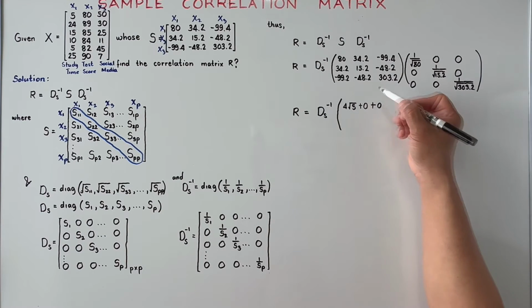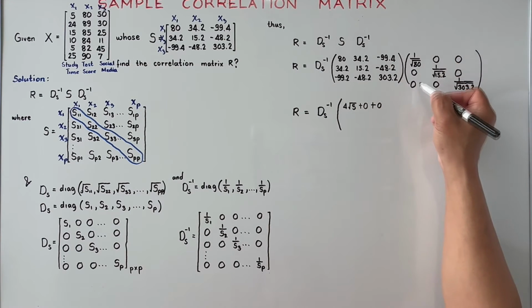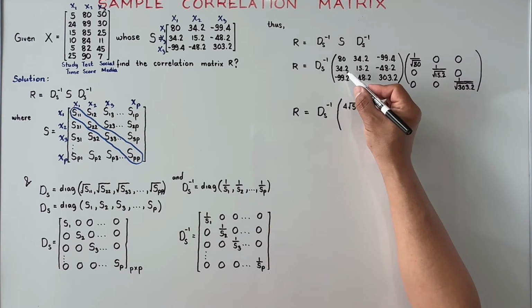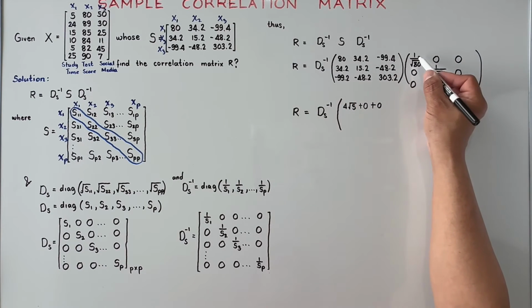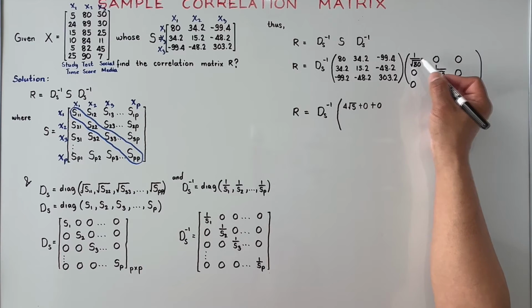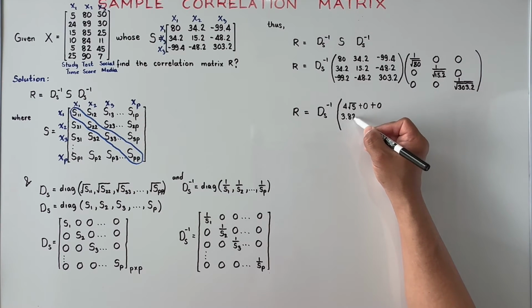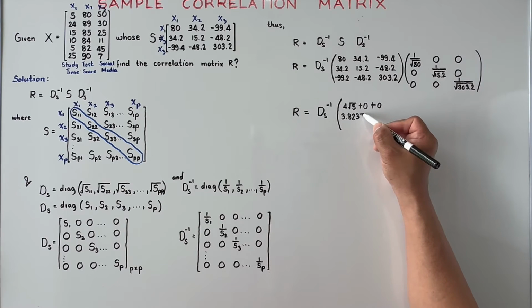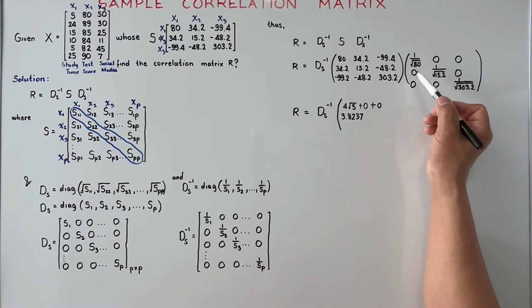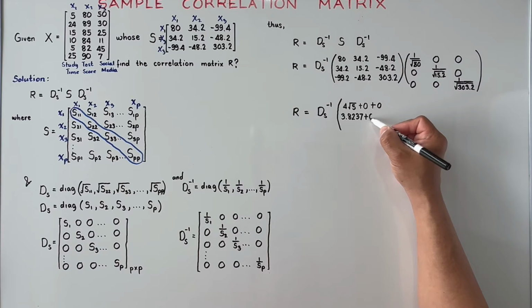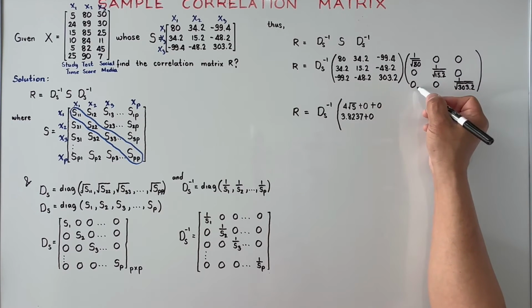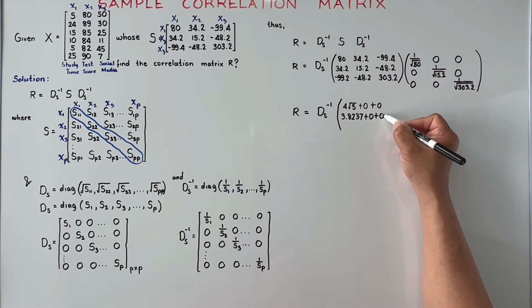Also, we multiply the second row by the first column. So 34.2 times 1 over the square root of 80. The product is 3.8237. But 15.2 times 0, that's 0. And negative 48.2 times 0, that is also 0.